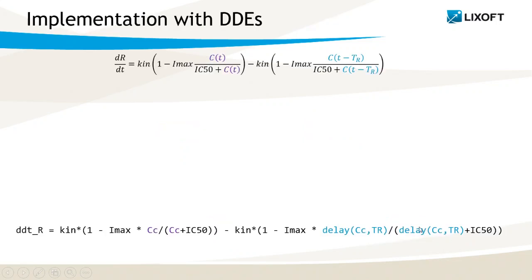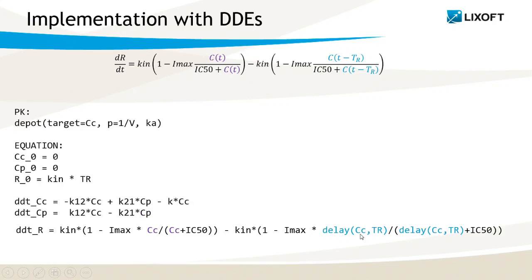Using the MLXtran language, this model can be implemented using the delay function. The variable being delayed, here Cc, must be an ODE variable, so I cannot use the pk model macro to describe Cc. I need to write the pk model with ODEs.